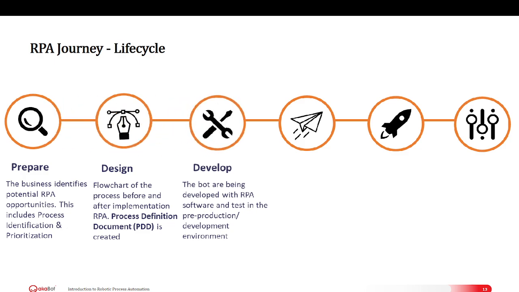Then, develop. This is the phase for the developer. The bots are developed with the software and tested in the pre-production or development environment. Testing. Yes, the user acceptance test, or UAT, is performed, and workflows are debugged and fine-tuned.